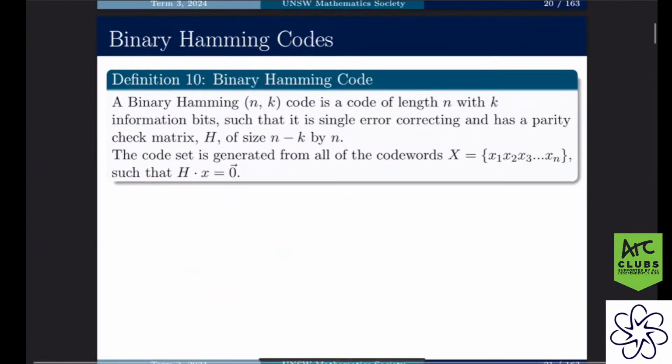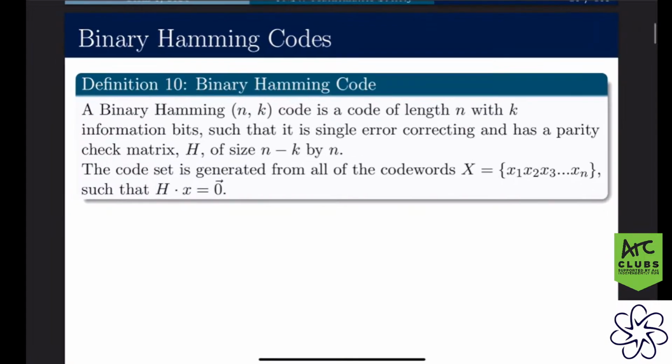Okay, moving on, we'll go into binary Hamming codes. So this is a nice protocol. It's going to be a code defined by two numbers, n and k, where the code words are of length n with k information bits, such that it is single error correcting, emphasis on single, and has a parity check matrix H of size n minus k by n.